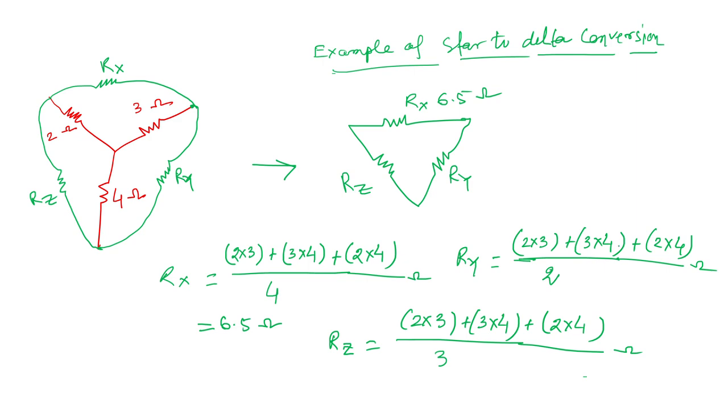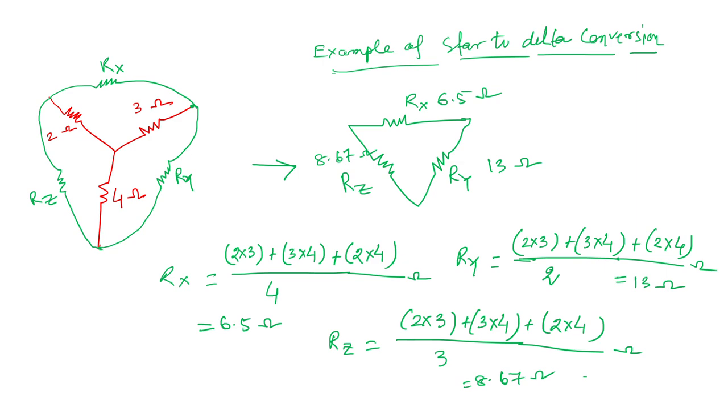And this will be 13 ohm, this will be 13 ohm, and this will be 8.67 ohm. Okay, so you don't need to find out which one is R1, R2, R3, RA, RB, RC.